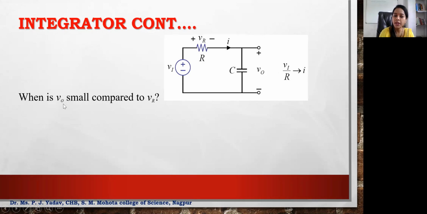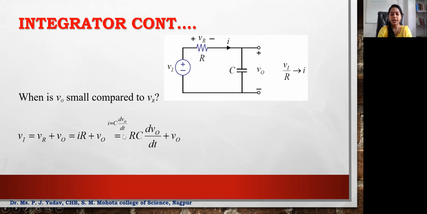If V out is small compared to VR, we can write the equation as Vi is equal to VR plus V out. The input voltage, whatever we give at the input, is written as VR plus V out. We know VR, the voltage across the resistance, is I into R. So we can write it as current into resistance value plus V out, the output voltage.